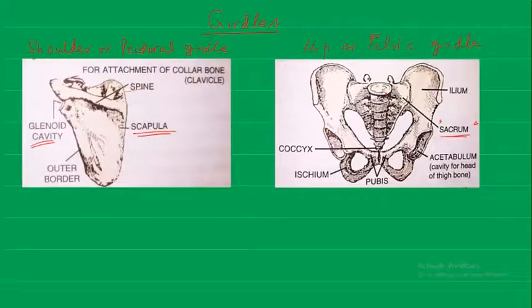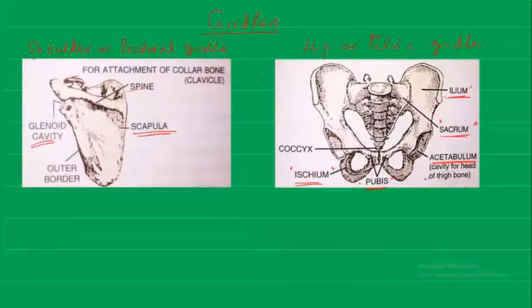Each hip bone is made up of three fused bones: the ilium, the ischium, and the pubis. On each side, it bears a large cup-shaped articular cavity called the acetabulum. This acetabulum is the cavity for the head of the thigh bone.